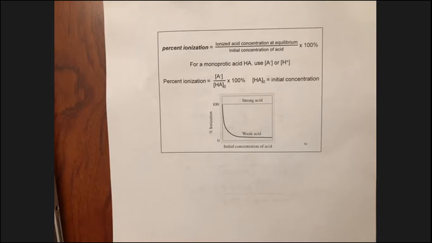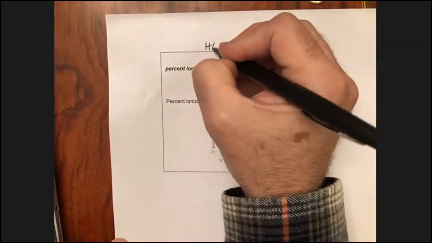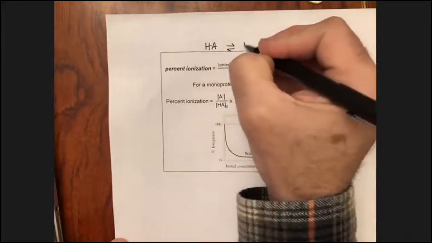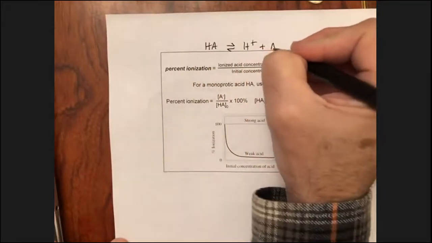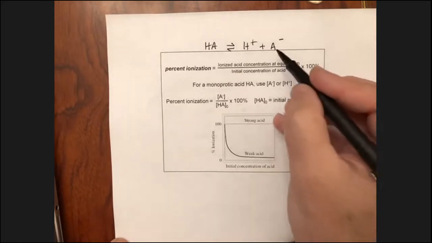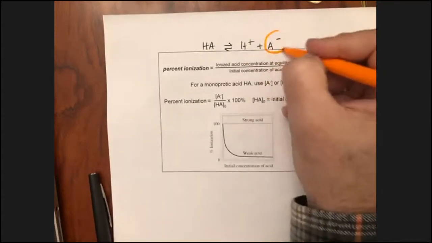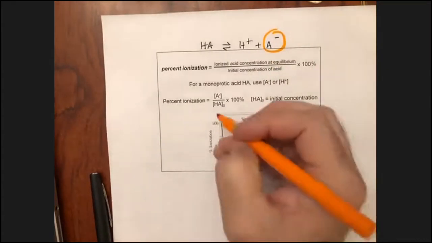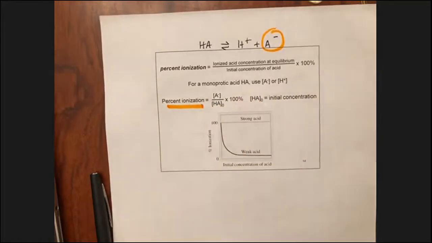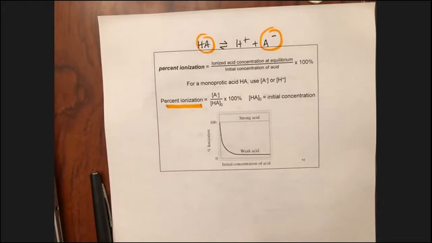If I have a weak monoprotic acid, HA ionizing into H plus and A minus, the percent ionization would be the molarity of the ionized form of the acid divided by the initial concentration of the acid times 100%.